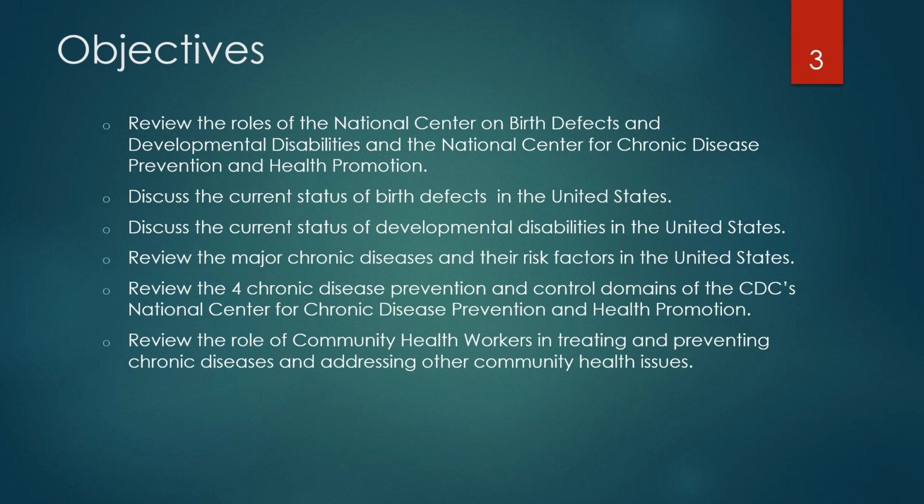Review major chronic diseases and their risk factors in the United States. Review the 4 chronic disease prevention and control domains of the CDC's National Center for Chronic Disease Prevention and Health Promotion. Review the role of community health workers in treating and preventing chronic diseases and addressing other community health issues.